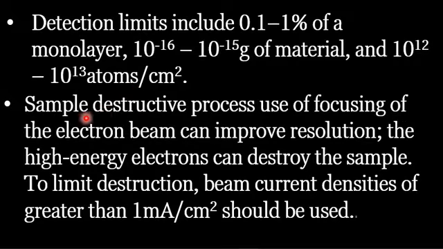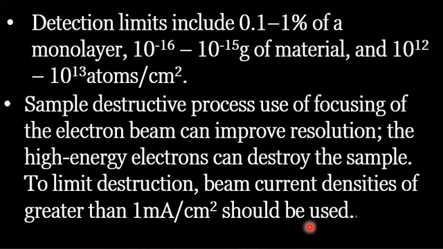The sample destructive process: use of a focused electron beam can improve resolution, but the high energy electron can destroy the sample. To limit the destruction, a beam current density of around 1 milliampere per centimeter square should be used.